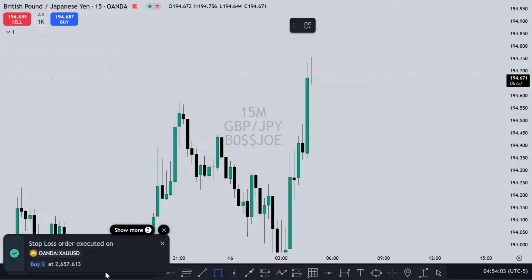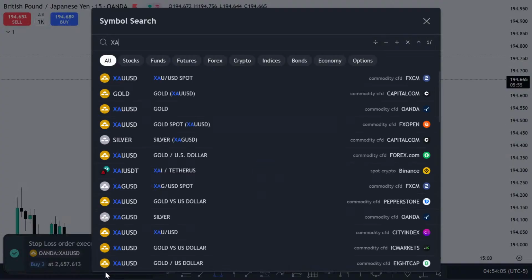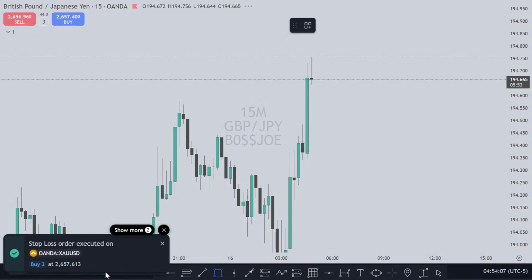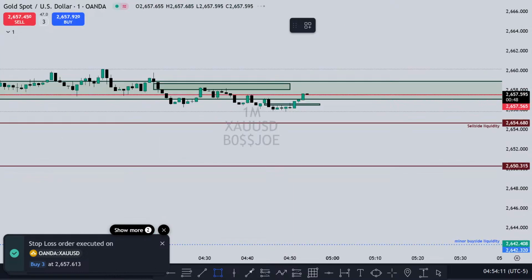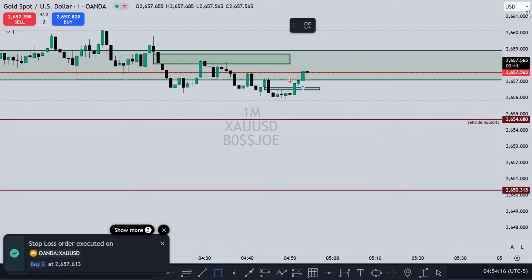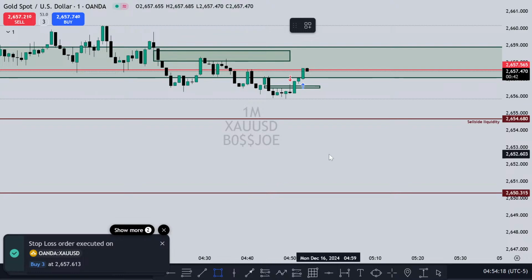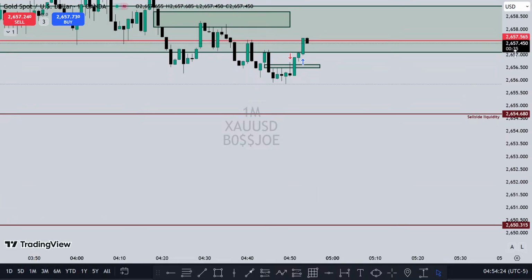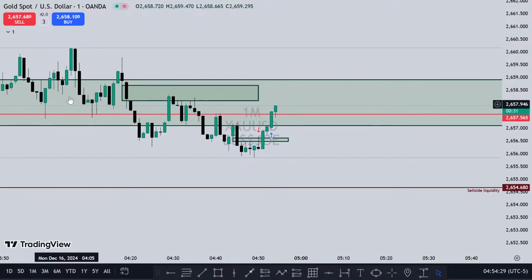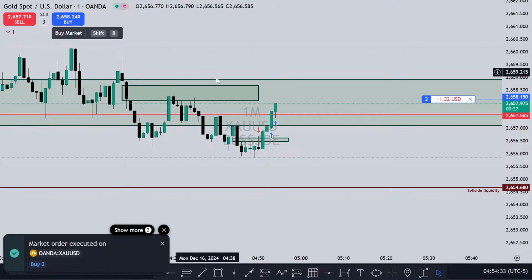Let's go back to gold, to see if we can enter a reverse trade there. Okay, the 15 minutes looks good. So now we've been stopped out. I can enter one trade again against that. First of all, since we are stopped out, I can enter the same thing, buys.